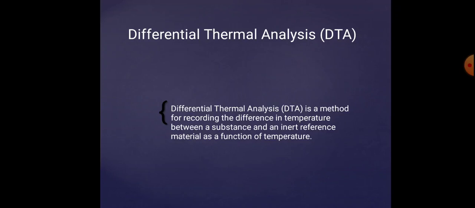Similarly, in differential thermal analysis the inert reference material is also run and its changes are recorded as a function of temperature, and the sample is recorded with respect to that reference compound. That type of analysis is the differential thermal analysis, that is DTA.